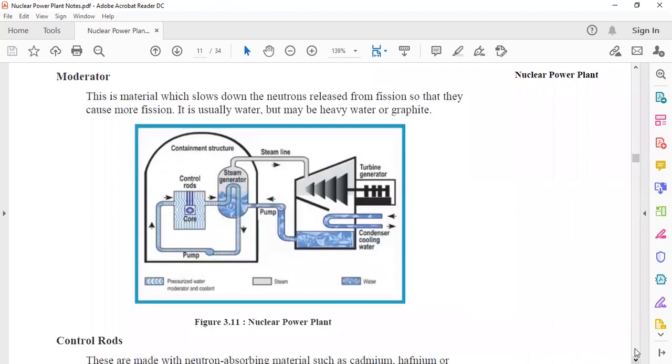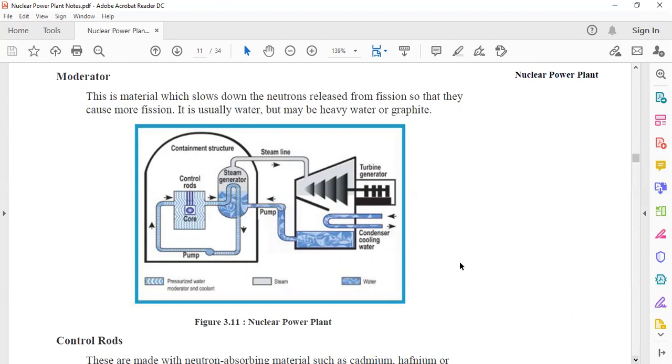As far as the moderator is concerned, it slows down the neutrons released from the fission so that they can cause more fission. It is usually water, but may be heavy water or graphite as well.